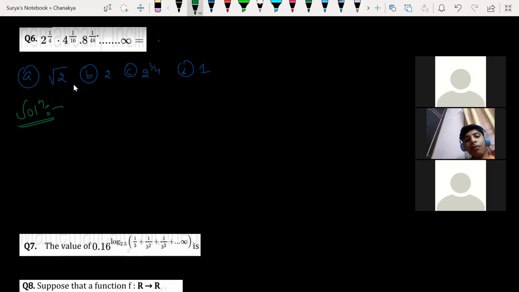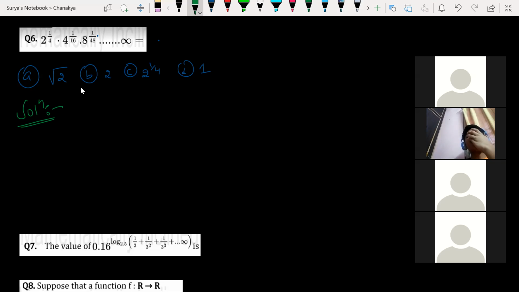See, immediately you can tell me the answer, within a second. Which series is this? This is an infinite series. Be careful here. The series is given: 2 to the power of 1 by 4 into 4 to the power of 1 by 8 into 8 to the power of 1 by 16 and so on. 4 can be written as 2 square, and 8 as 2 cube.